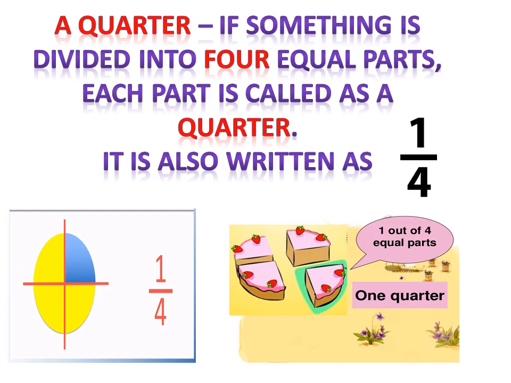So, the given figure represents the fraction 1/4 or a quarter. In the second picture, you can see a cake divided into four equal parts. If we consider one part, it is 1/4.